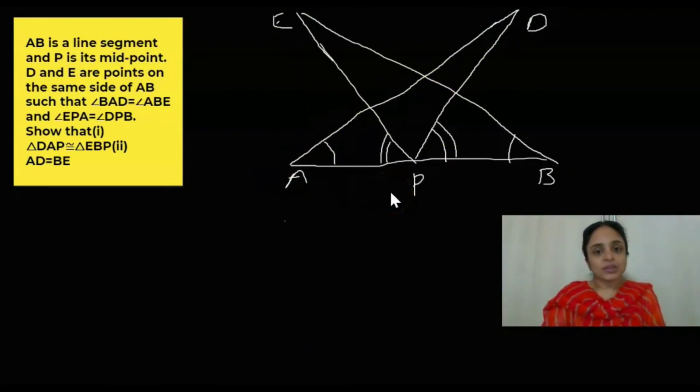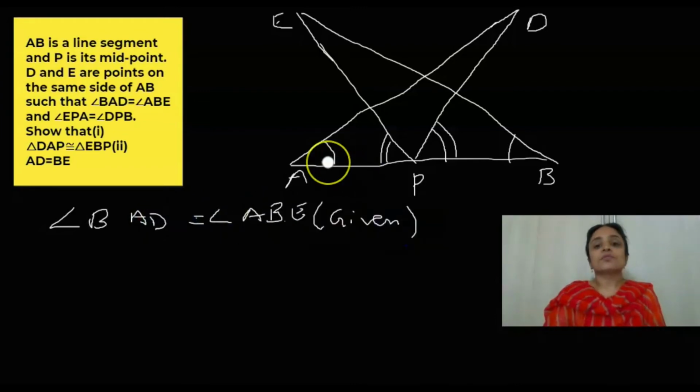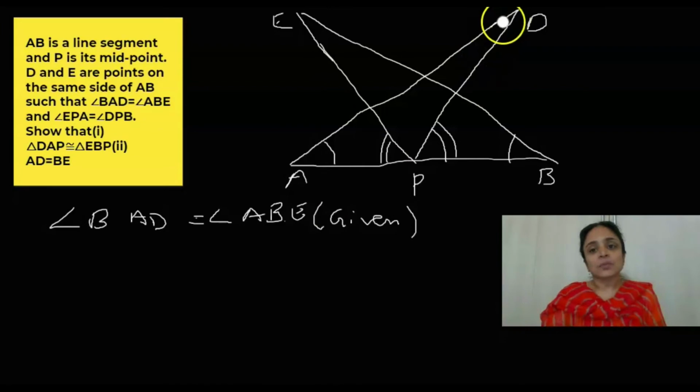We know that in both the triangles, given that angle BAD is equal to angle ABE. So we can write that angle BAD is equal to angle ABE, that is given. Okay, so we have got one angle which is equal. Now we have to prove that this full triangle DAP and this full triangle EBP.